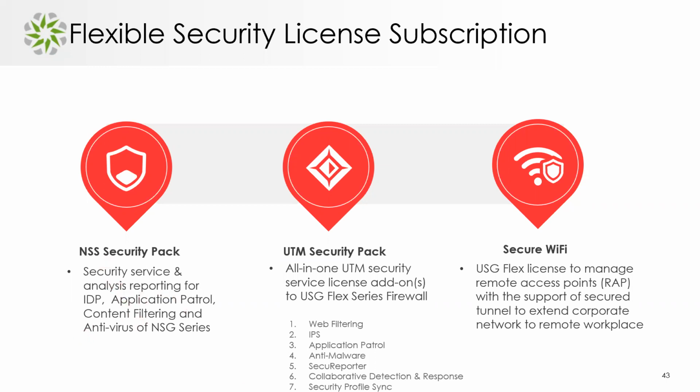If you are using a USG Flex, the license you need is a UTM Security Pack to unlock those additional security gateway hosted unified threat management services. If you are using the ATP series, this is tied into the Gold license. I know it's kind of confusing. We've got all these different names, but it's just because each of these different security gateways has a different set of UTM services. So we do need to differentiate which license you need.